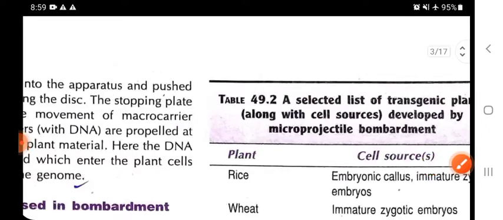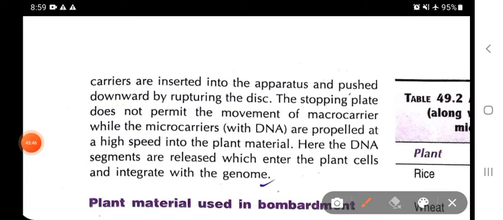Next, these macrocarriers are inserted into the particle bombardment apparatus, or ballistic apparatus, and then pushed downward by rupturing the disc.